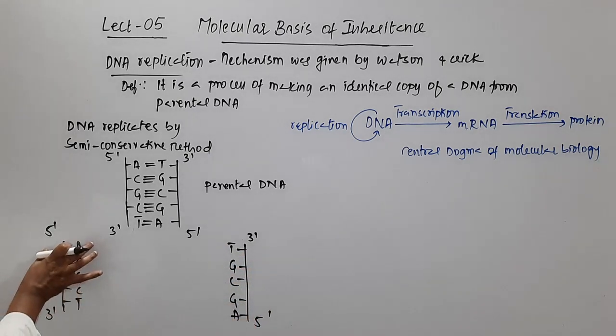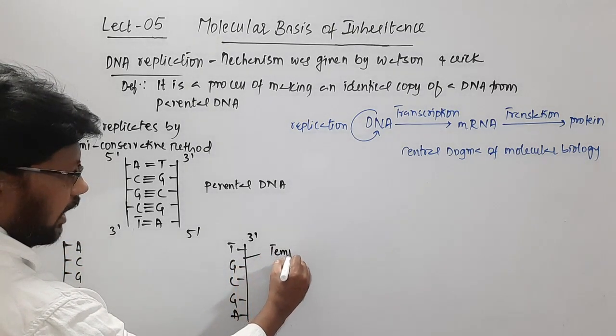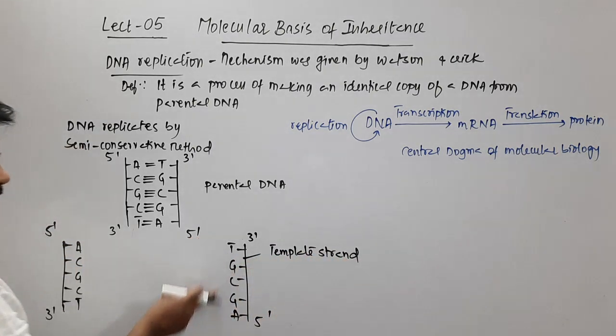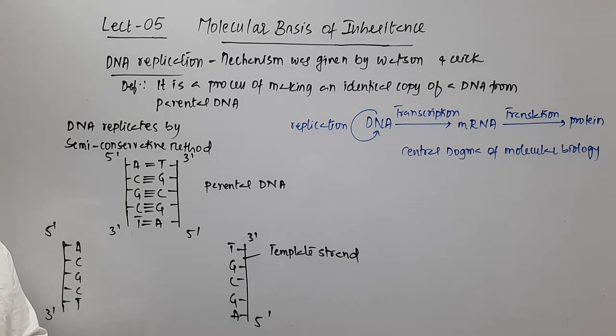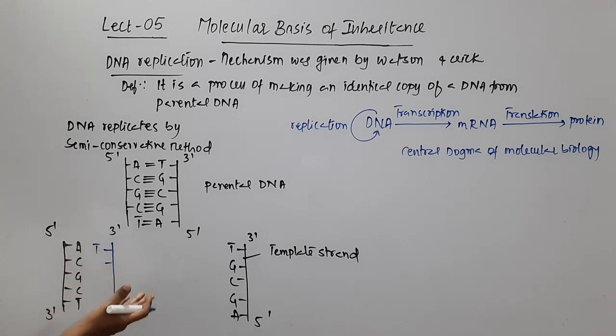Now, this is the one that acts as a template strand. So this is a template strand, and with the help of this template strand, a complementary strand is going to be synthesized. So that will be a new strand. We know that if we know the sequence on one strand, we can predict the sequence on the opposite strand.